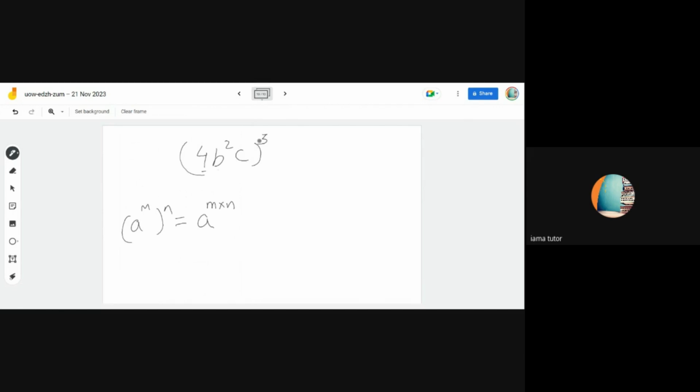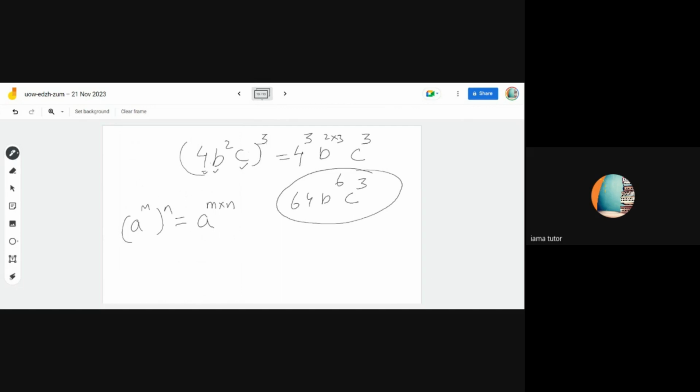What you simply need to do is multiply the power 3 into the power of each of the terms. That will give you 4 power 3, b power 2 times 3, and c power 3. So this will give you 64, b power 6, c power 3, and that will be your answer.